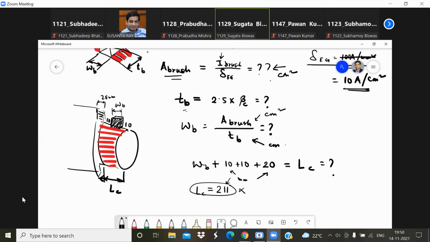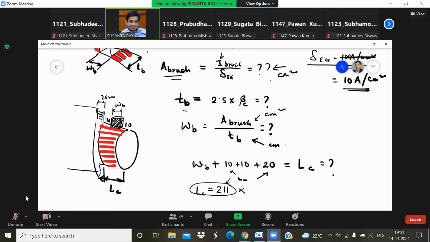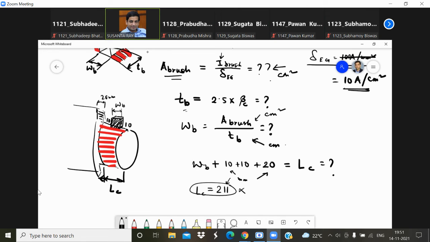Sir, for a 60 kilowatt machine, I am getting LC equal to 125.7. That is quite high. Sir, what should be the range? There is no fixed range; it depends on the main diameter, your main length, and your number of coils. How many coils have come? 90. If it is 90, what is the armature current?